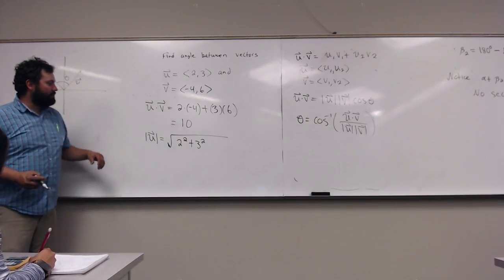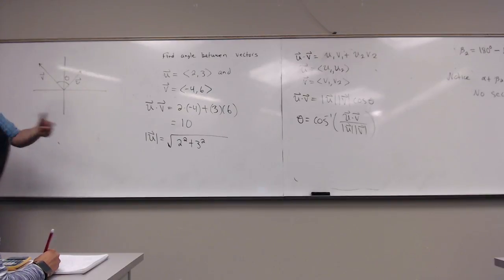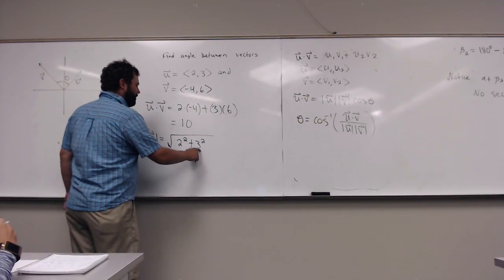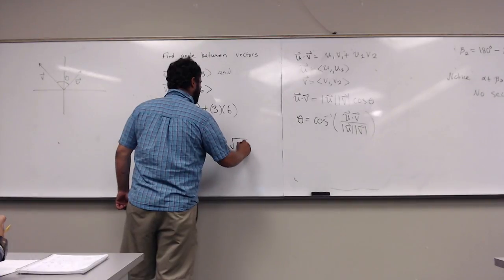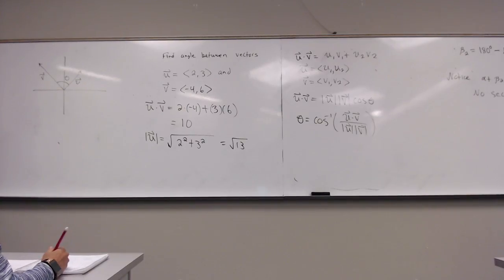The idea is that the length of the vector is just the hypotenuse in a right triangle. So you just remember the hypotenuse squared is the sum of the other two sides squared. And when you solve for the hypotenuse, that's where you get that square root. And then 4 plus 9, you're going to get square root 13. So the length of a vector is just the square root of the sum of the squares of the components.